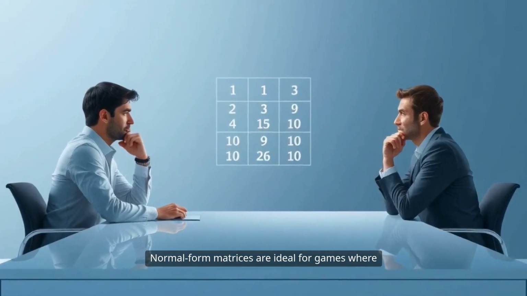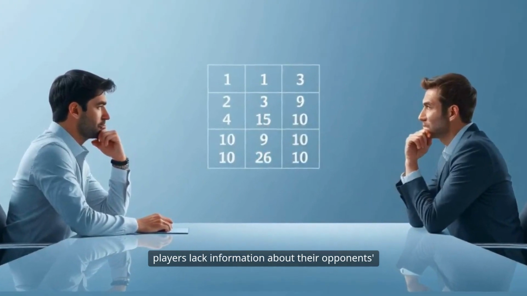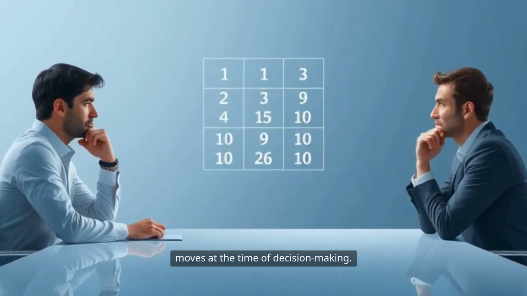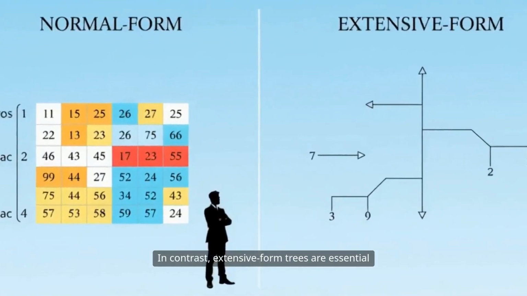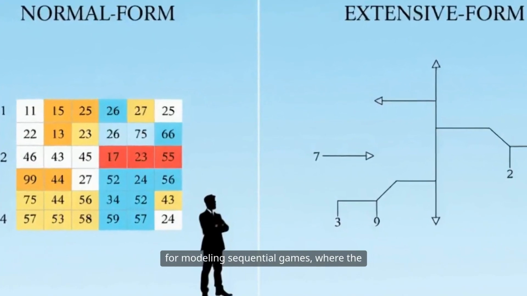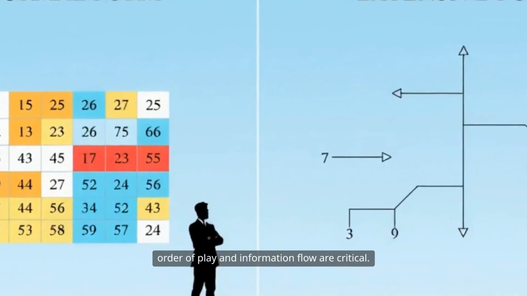Normal form matrices are ideal for games where players lack information about their opponent's moves at the time of decision-making. In contrast, extensive form trees are essential for modeling sequential games where the order of play and information flow are critical.